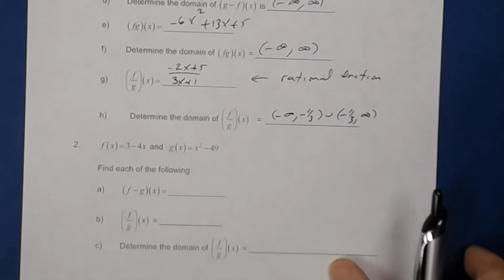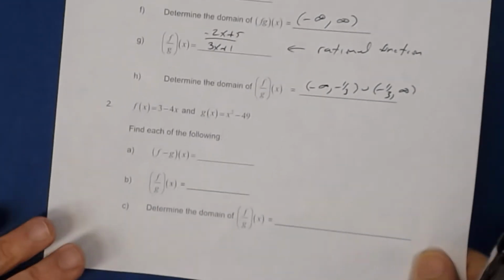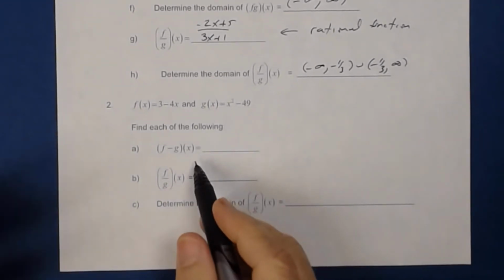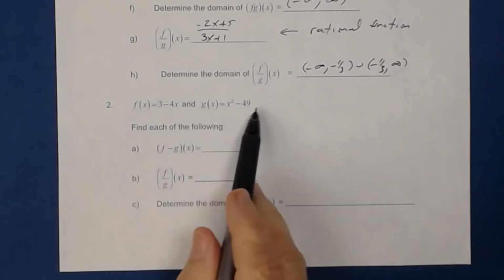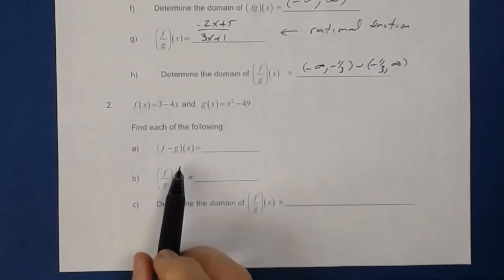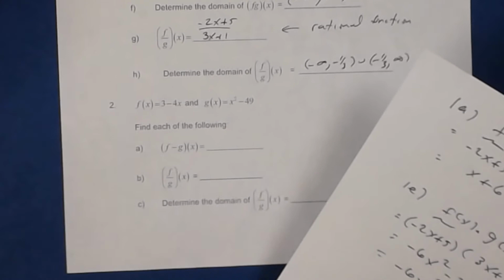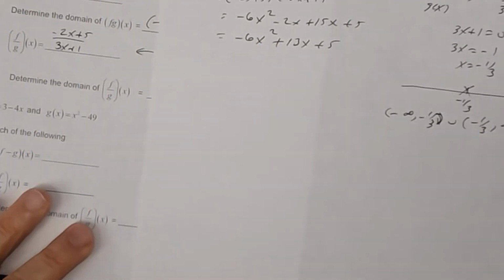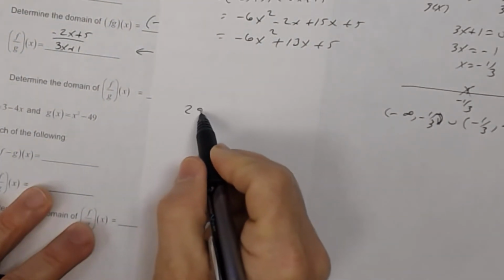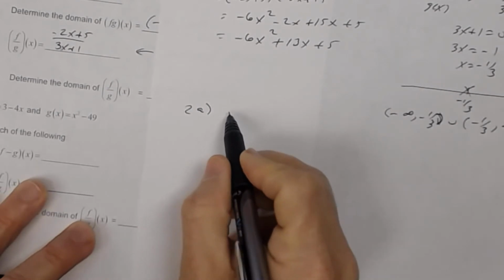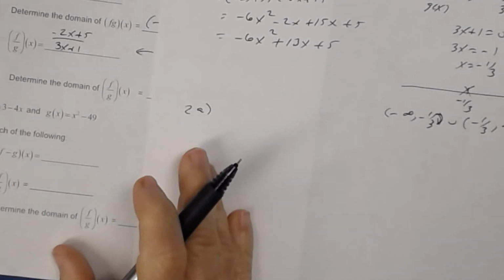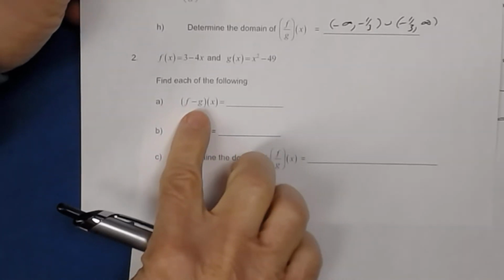All right, now in part two, you have this linear function and this quadratic function, and you want to subtract those. So let's look at 2a. By definition, you're subtracting f minus g at x.